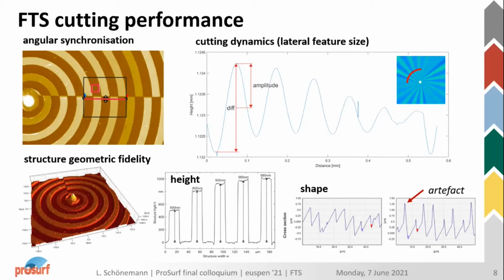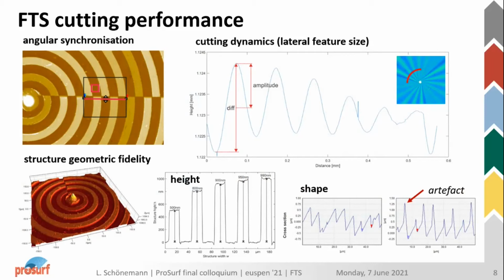Of course, you have to consider the angular synchronization of the tool, so that like in the case on the top left side, you machine the feature in the right orientation per revolution, and that you do not have any offsets that you're generating there. As you can see in this example, this works quite well because we have a straight line between these different features that we have designed. So synchronization is quite good in this case.